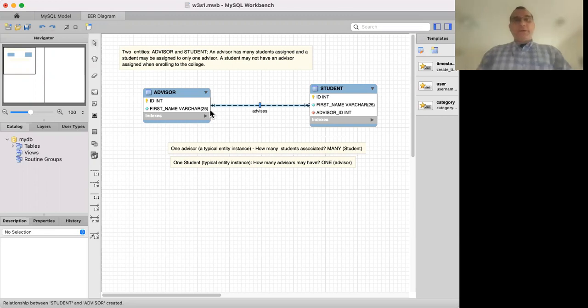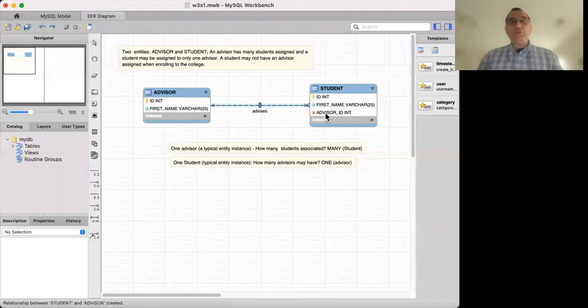Now, let's look at both situations. For a student, I know a student may not have an advisor assigned when enrolling in the college.